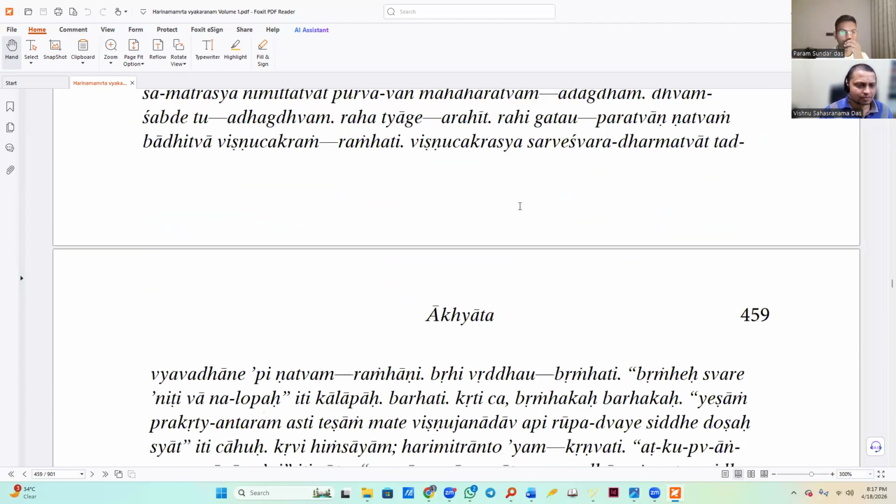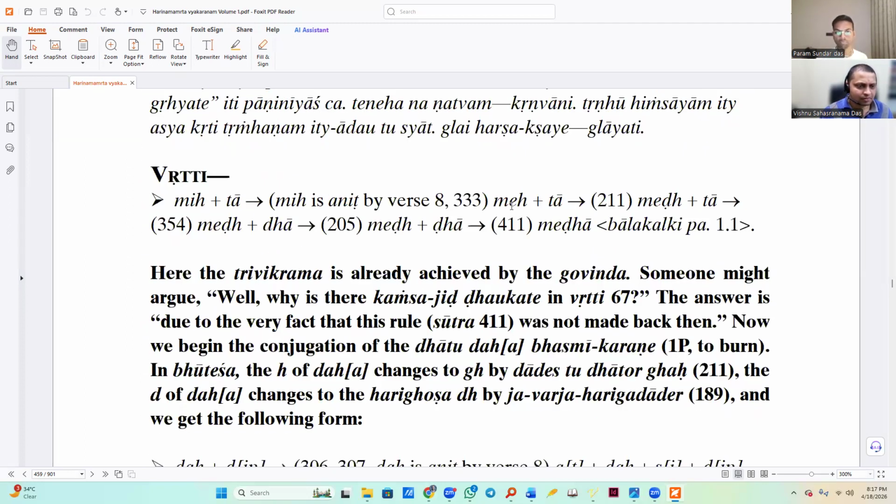Let's see. So Mihi plus Ta, Balakalki, then Govinda is done. And then because this is Anit, Hasya Dha, Ha becomes Dha. And then Harighosha Tathordho Dhavarjam. After Harighosha, Ta or Tha becomes Dha. And then we apply Shatparasya Tavarga Yuktasya.